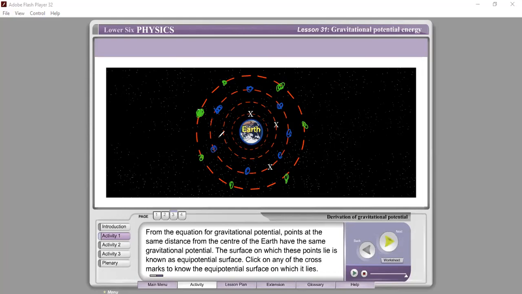The orange ones will always have the same potential because they have the same radius. And all the white dots, no matter where they are, have the same potential. So this is known as the equipotential surface. Get it?